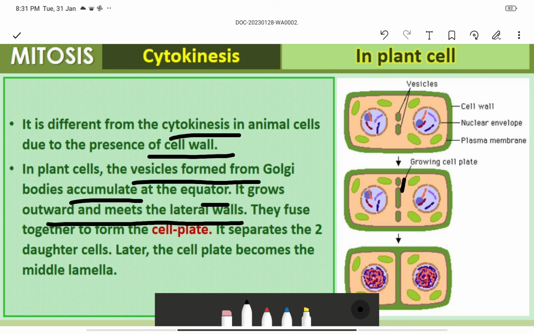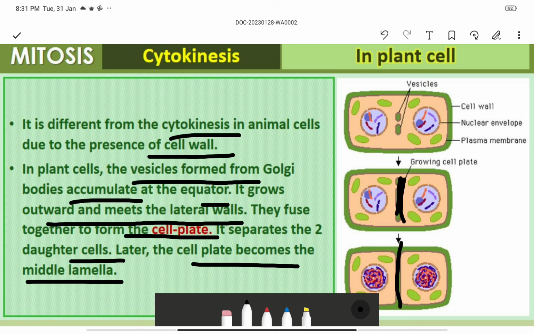Due to the vesicles, it makes one partition. They fuse together to form a cell plate. Here is the cell plate. It separates the two daughter cells. Later the cell plate becomes the middle lamella.